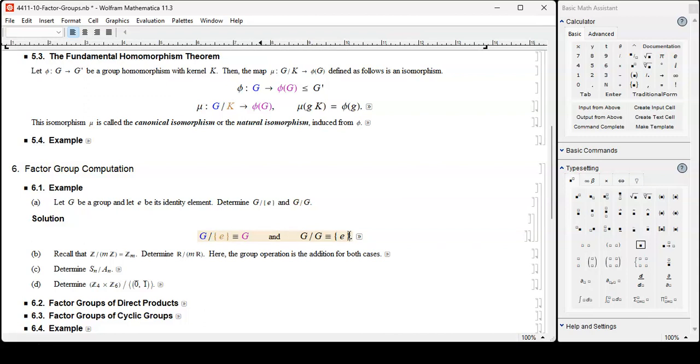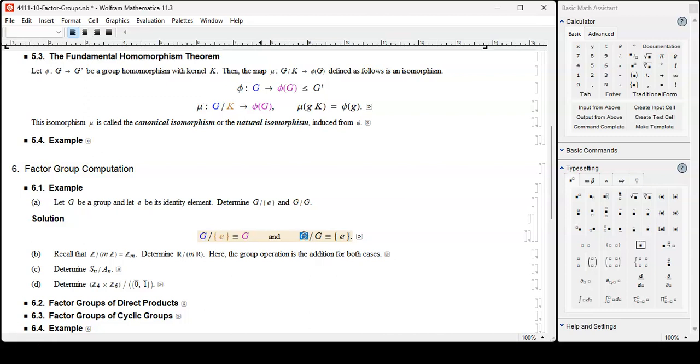Element of G goes to element of G and covers entire G, and only E belongs to kernel, but kernel is the preimage of E, so only E goes to E. Well, there can be many maps, but one such map I can think of is the identity map. Everything stays itself, so it covers everything, and E stays at E, and that's the only one that's staying at E.